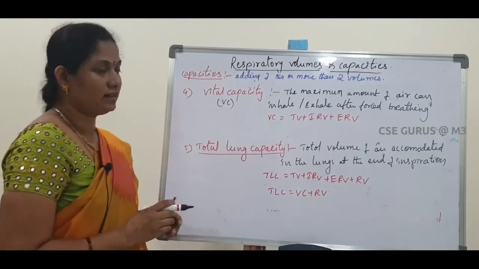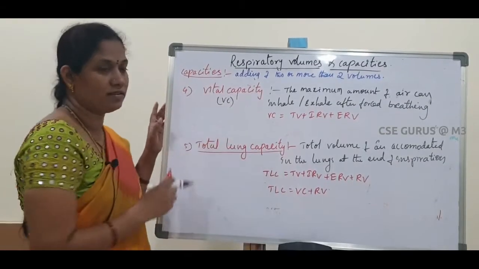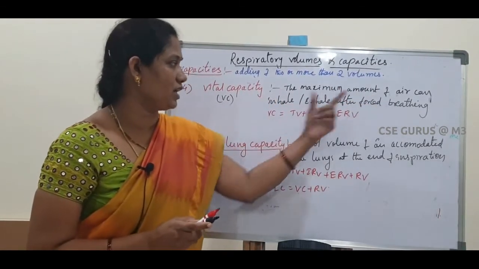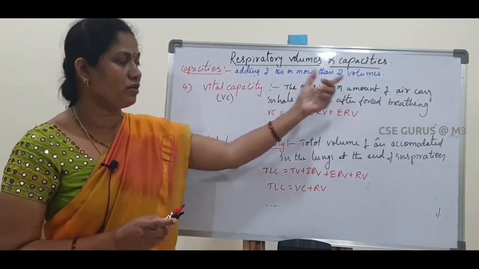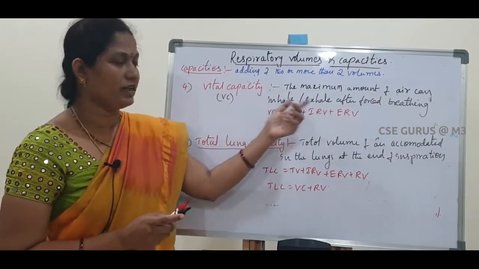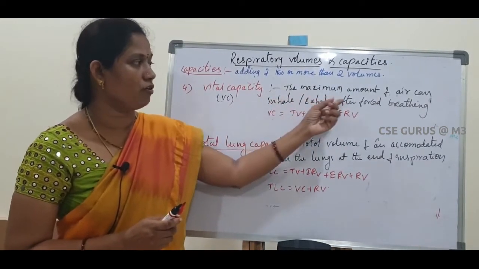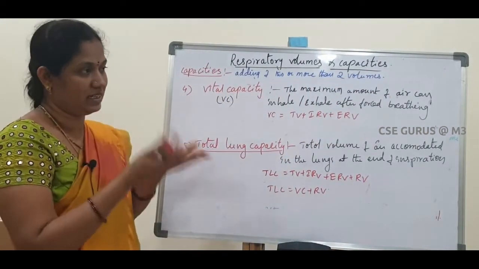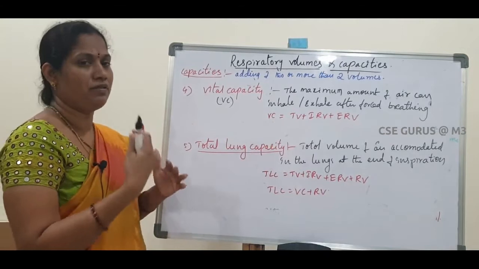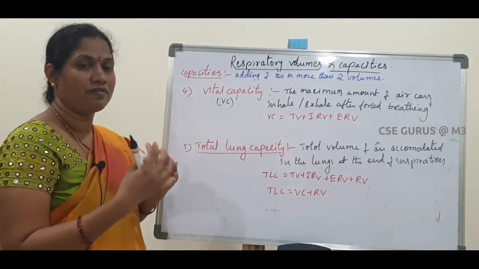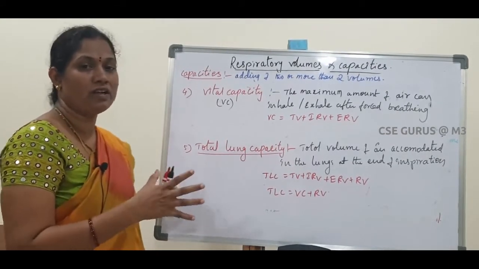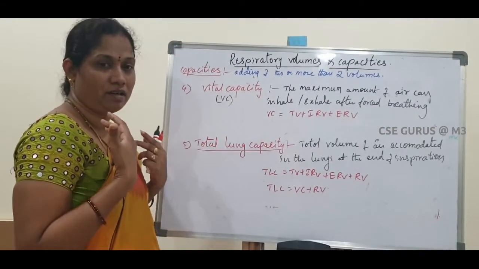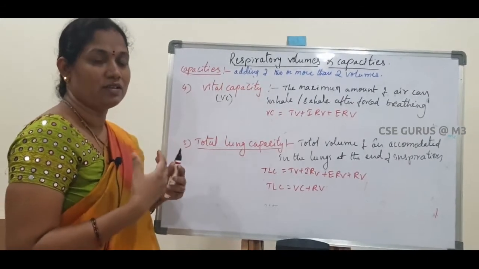Next capacity is vital capacity. Vital capacity means the maximum amount of air we can inhale or exhale after forced breathing. For example, during forcible exhalation, I exhale the air from my lungs.